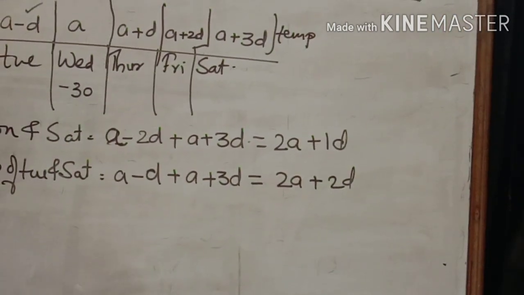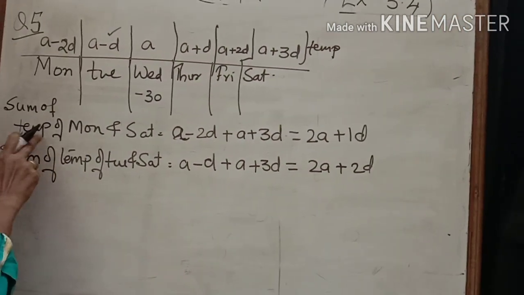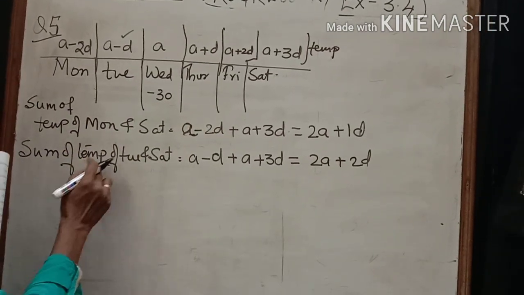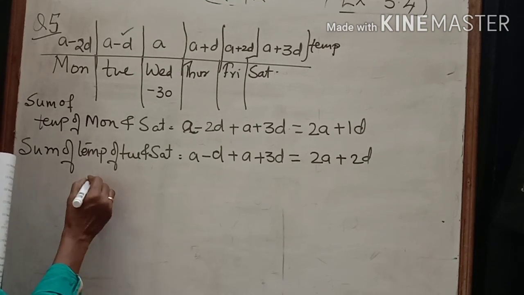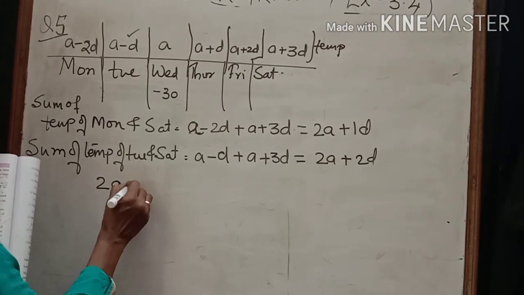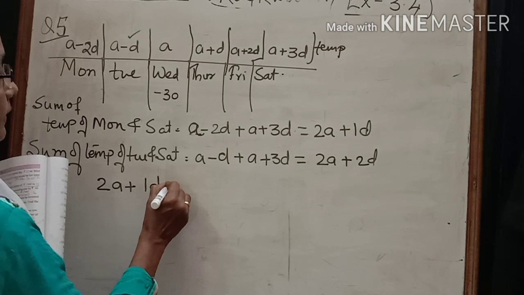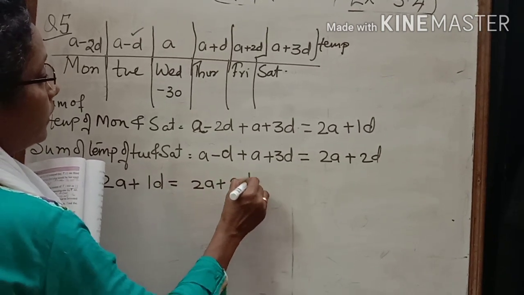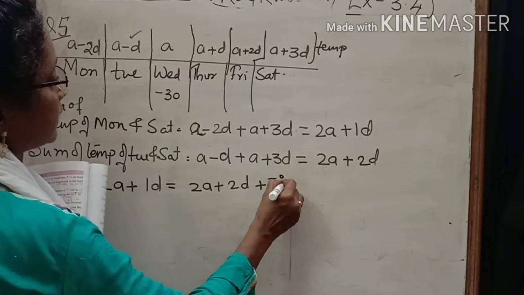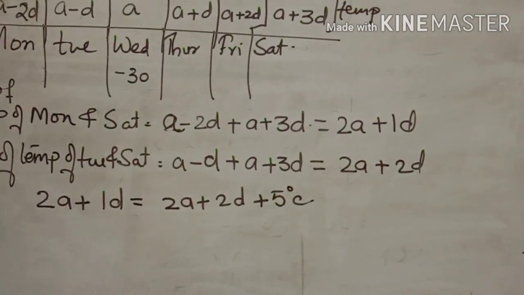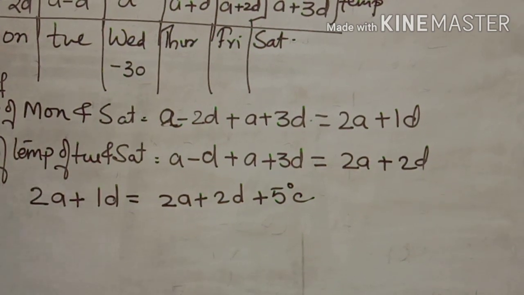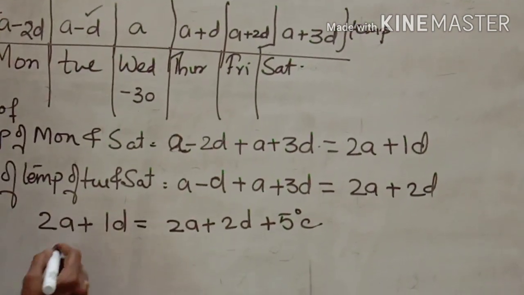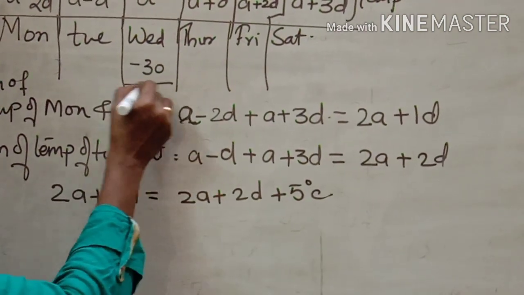So what is the condition now given? The sum of temperatures of Monday and Saturday is 5 degrees more than the sum of temperatures of Tuesday and Saturday. So 2a plus 1d is equal to 2a plus 2d plus 5 degrees centigrade. Now we have to find a and d. a is already minus 30.